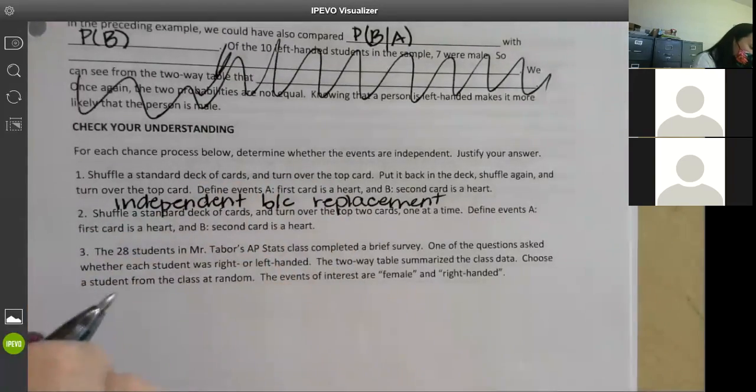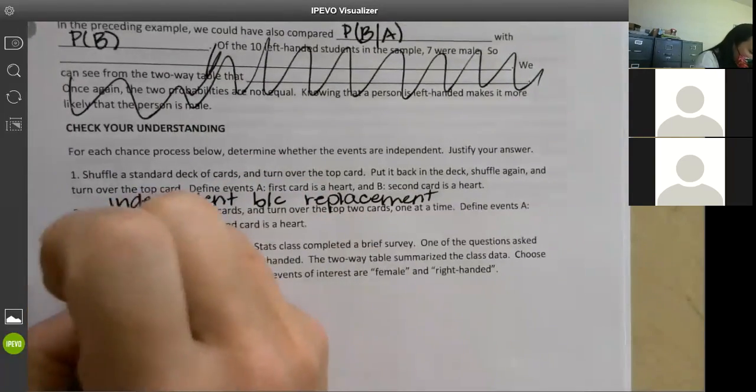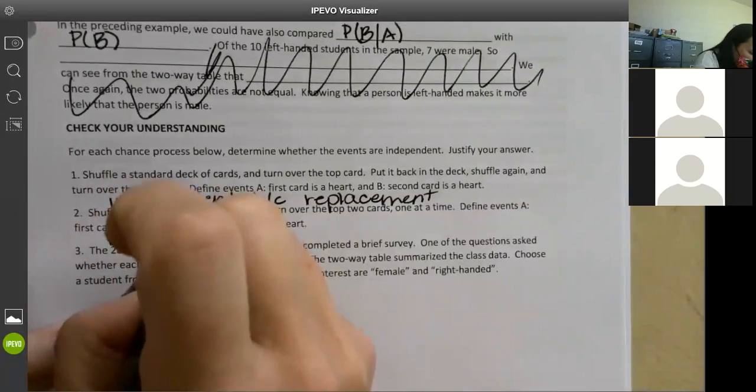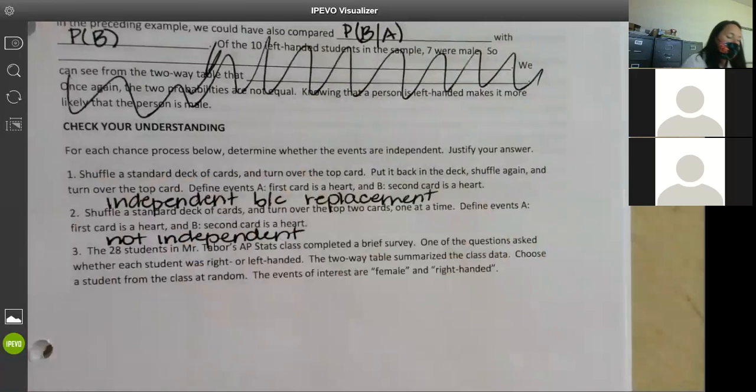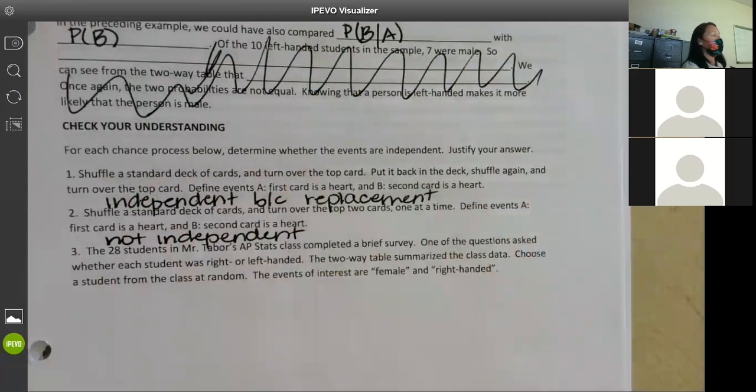Because if you have your first card as a heart, then you only have 12 out of 52 chance of getting a heart the second time. Okay. We changed the probability the second time. The first time we did not, we kept the probability the same. That's why they're independent. The second time we changed the probability. Those are easy to see without doing the work. The next one you actually have to do the work on.